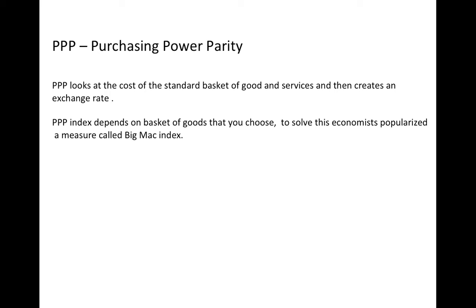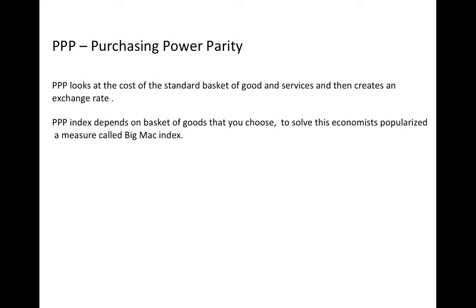Purchasing power parity looks at the cost of a standard basket of goods and services and then creates an exchange rate. For example, take a basket with soaps, chocolates, and oranges, and calculate the price as per the Indian market.